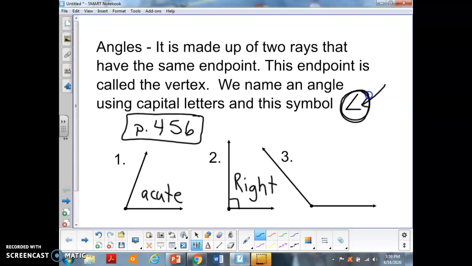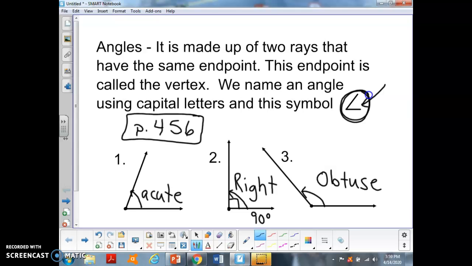And the third one, which from here to there measures more than 90, we label or classify it as an obtuse angle. So those are the three kinds. Your acute angle, less than 90, the distance between our two rays. Right angle, where it measures exactly 90 degrees.